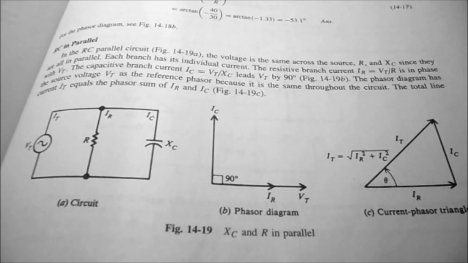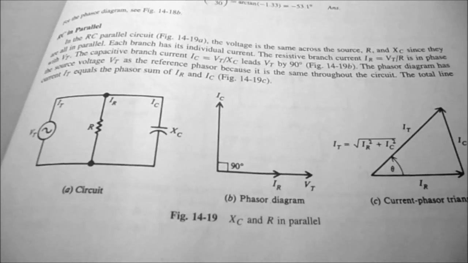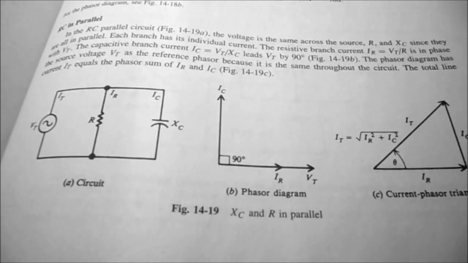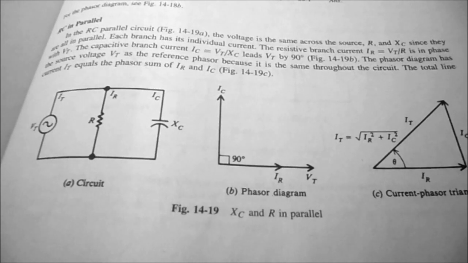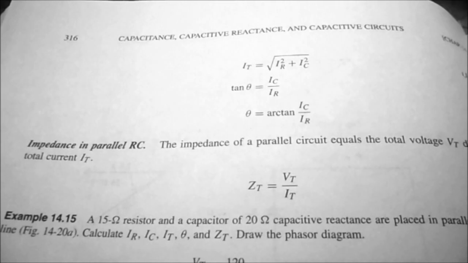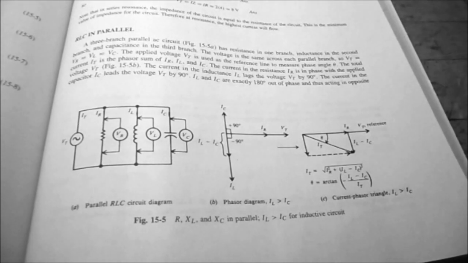Chapter 14 talks about RC in parallel, and you can see Figure 14-19 shows you XC and R in parallel and gives you the current phasor triangle. And your textbook also gives you the formulas to calculate impedance in a parallel RC circuit, as well as the phase angle. Chapter 15 covers RLC circuits in parallel.